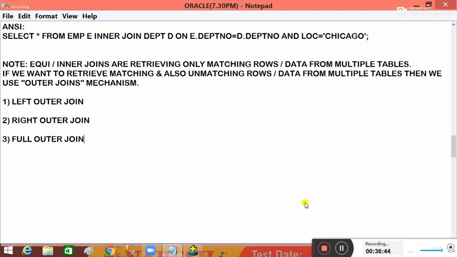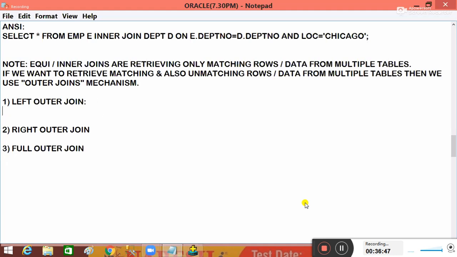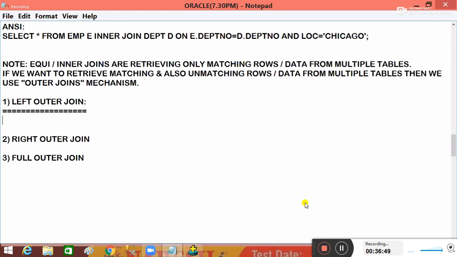Understand now? Right. So now let me show you one by one. I will show you the left outer join.